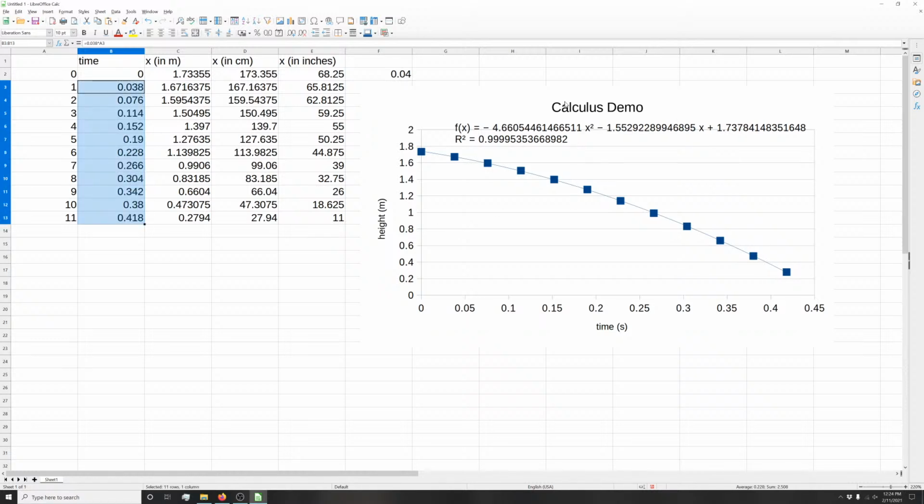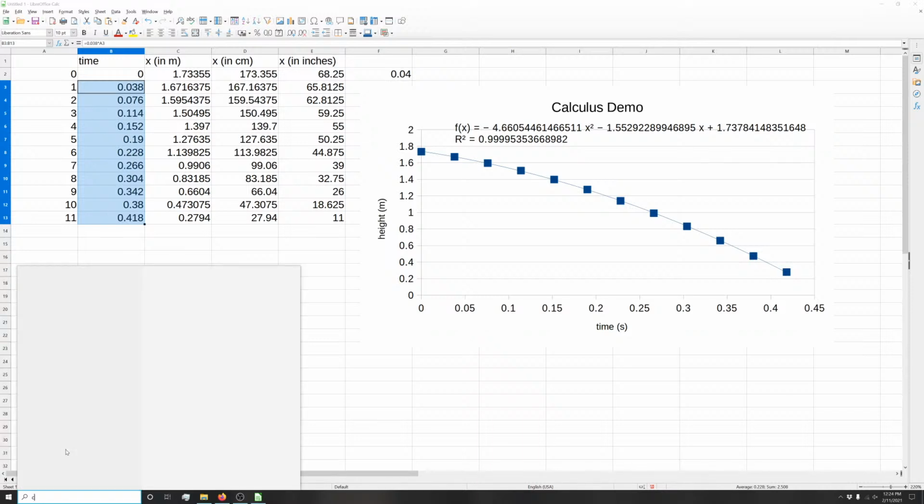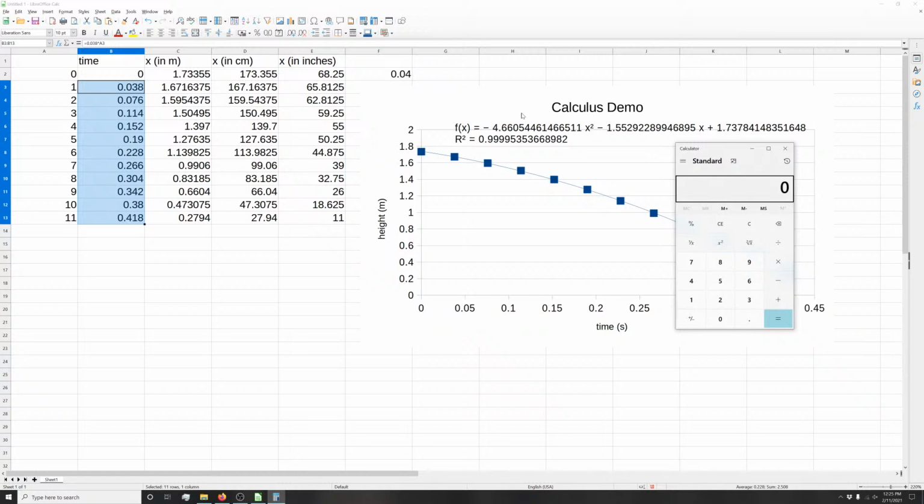Am I getting a little bit closer? Oops. You pull out the calculator, and I want to look at what the acceleration is. I'm just wanting to take this number here and multiply it by 2. 4.66 times 2. Nope, I even made it worse.